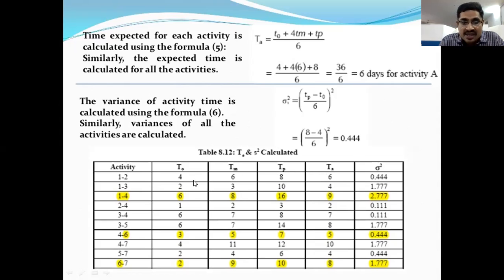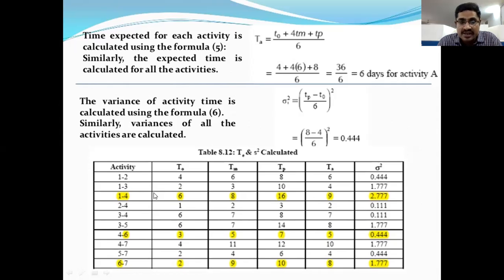Here we have 3 types of timings, and by using this formula we can find this single time, this average time for this activity. In the same way, all the activities are calculated by using this formula.